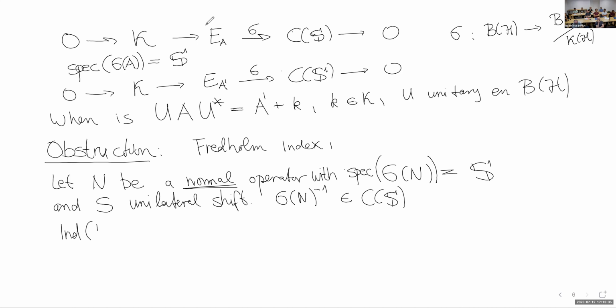So for this normal operator, you look at this index: the dimension of the kernel minus the dimension of the cokernel. We know its range is closed, and then we take just the kernel of its adjoint.